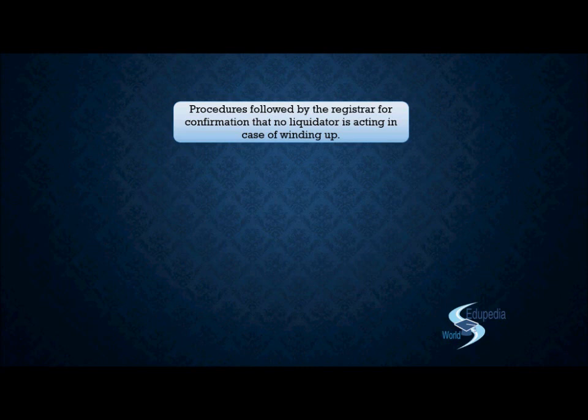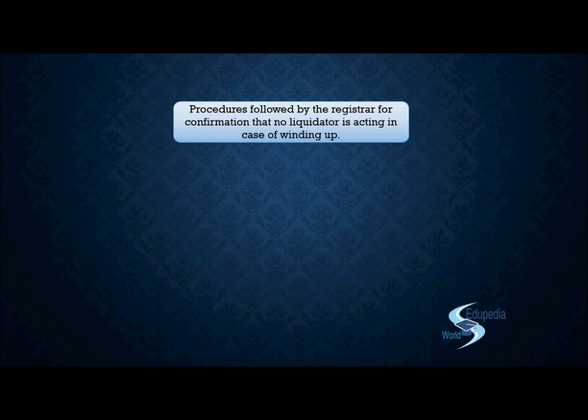Now in this slide, in the tab in front of you, we are seeing the procedure followed by the registrar for confirmation that no liquidator is acting in case of winding up. What do you understand over here? Here we are not talking about those companies in general. We are talking about something at the next level. What do I mean by next level?